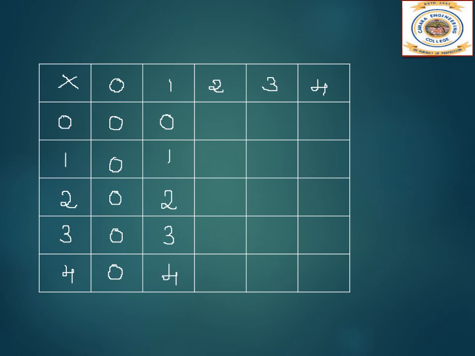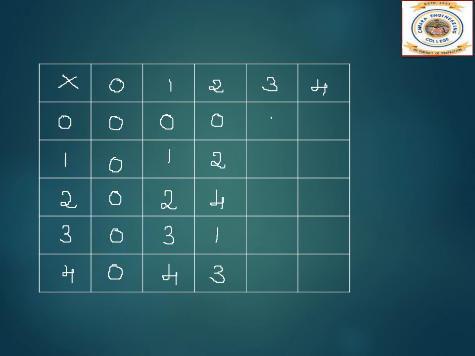We'll come to the next column. 2 into 0 is 0, 2 into 1 is 2, 2 into 2 is 4, 2 into 3 is 6. So 6 mod 5 is 1. 4 2s are 8. So 8 mod 5 is 3. We come to the next column, which is 3.